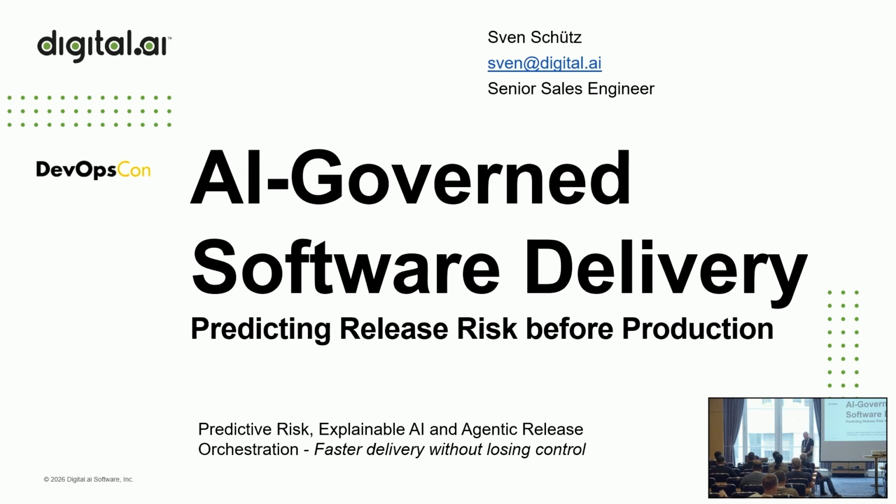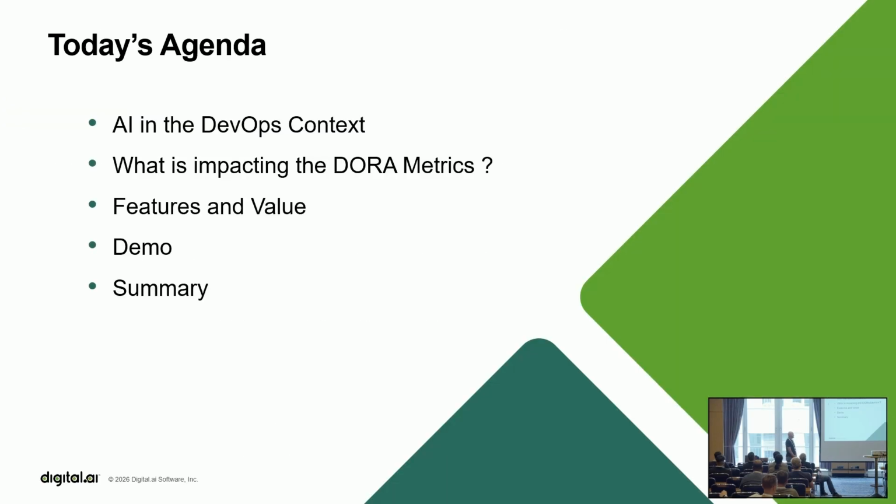So let's have a look at what we are going to do today. The idea is to talk about an AI-governed software delivery process, software development process, and a big part where I'm focusing my time today will be on predictive risk, to predict risks that can occur throughout your development process.